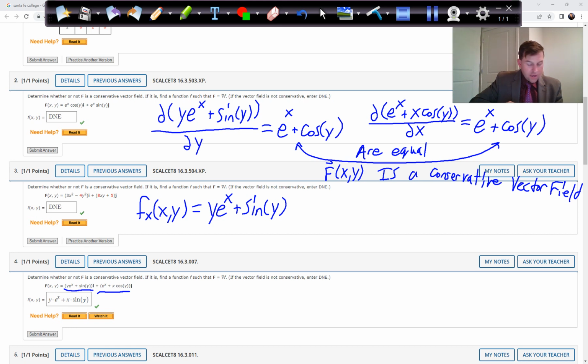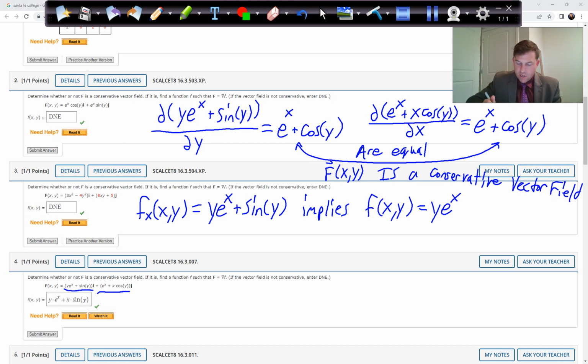And so we would say this implies that f of xy, notice no partial derivative, so no little x here, would be equal to, basically, an antiderivative of this equation with respect to x. So we would say that this would be y e^x, so the antiderivative of e^x is e^x, and if there's a y in front, it just stays there.